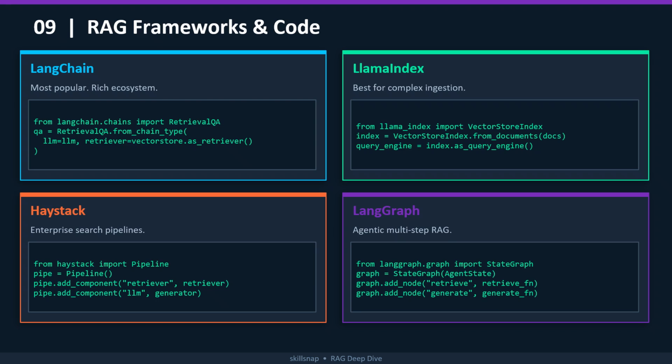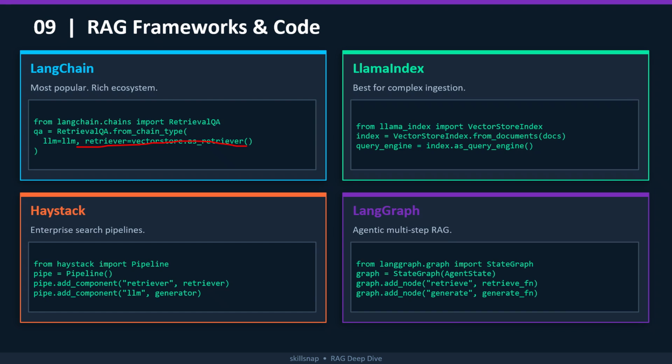If you write 5 to 10 lines of code in LangChain, you can build rapid prototyping projects with broad integrations. You can just write 1 line of code and retrieve, calling the retriever here. So LangChain is the most popular one.